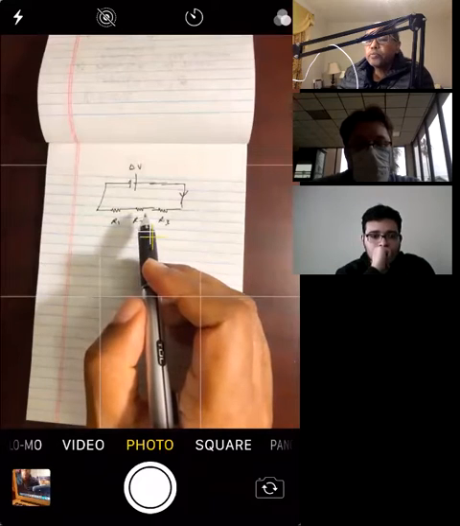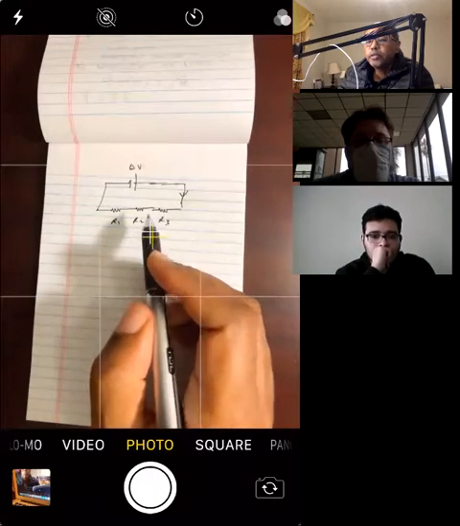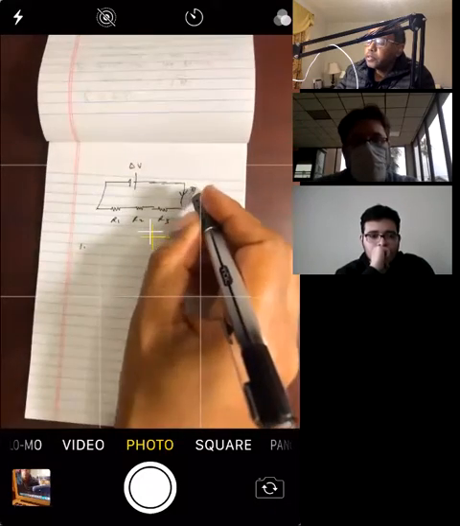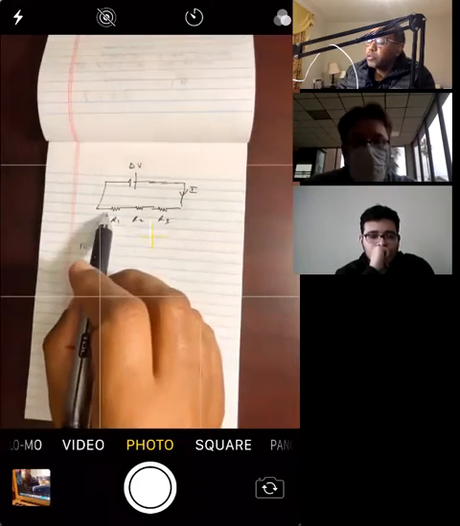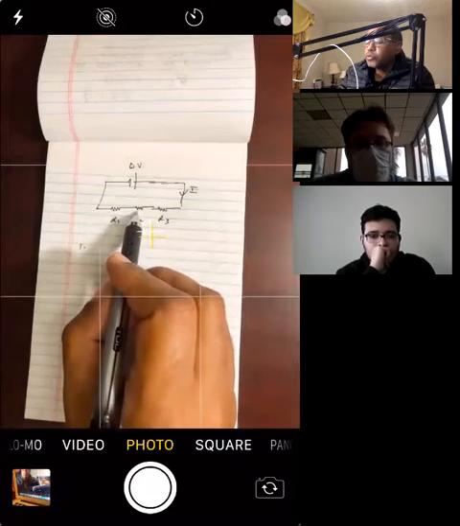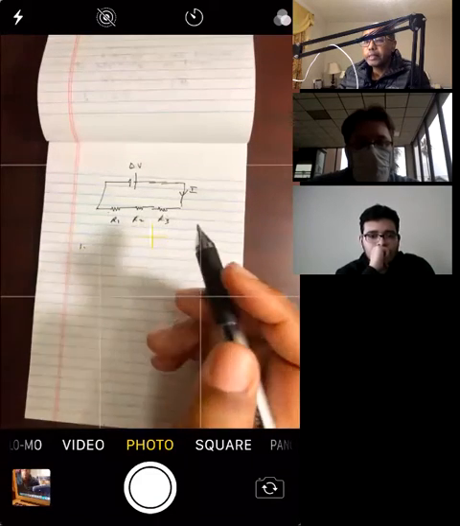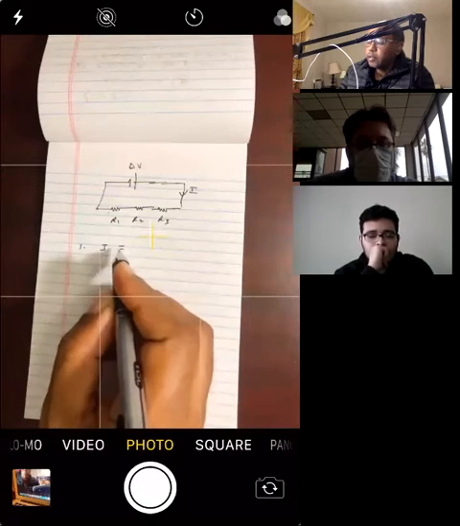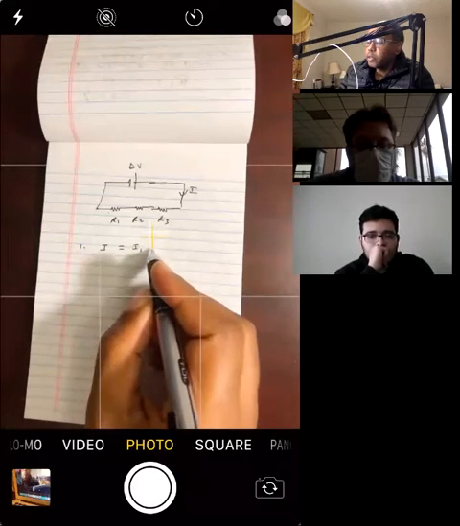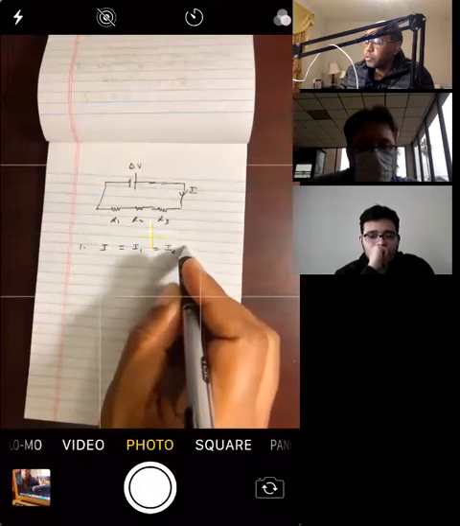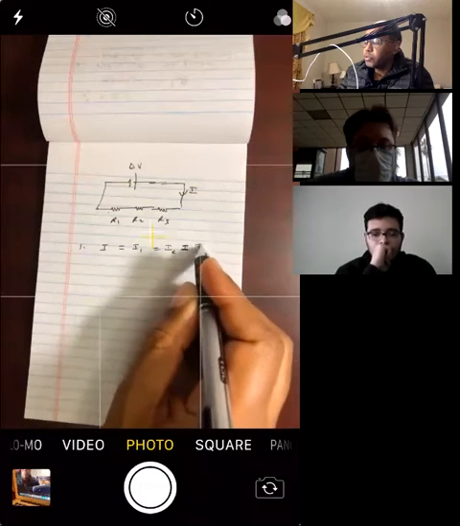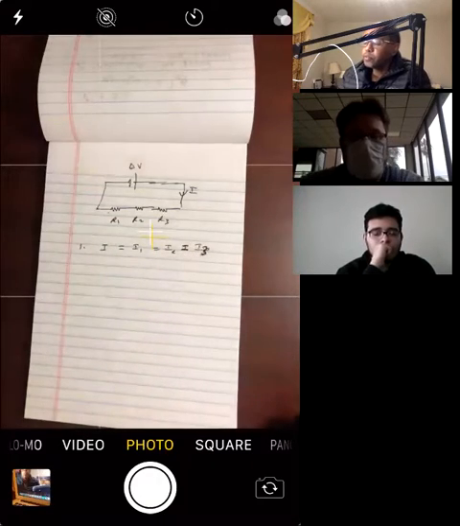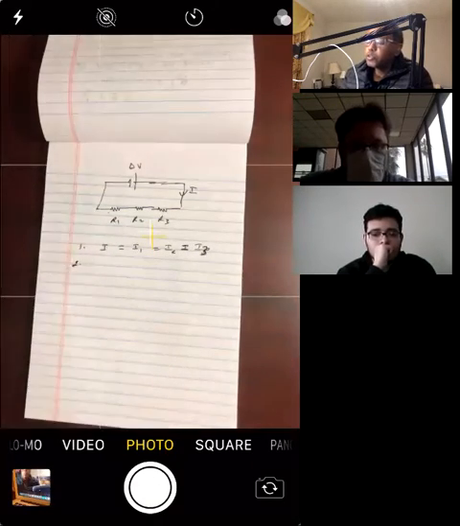They're on the same line, so they're going to have the same current, right? So the first property is the total current I equals current through resistor 1 equals current through resistor 2 equals current through resistor 3, because they're connected in series, okay? Remember, our goal is to get a formula for the equivalent resistance. And the second property has to do with potential difference.